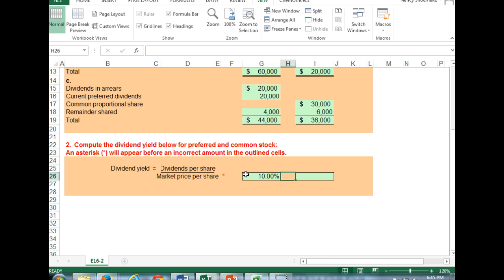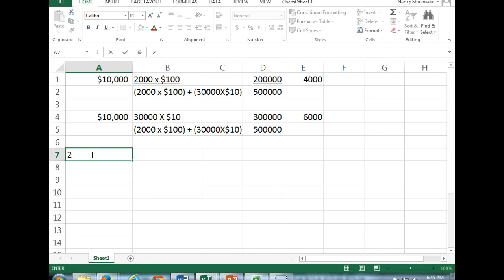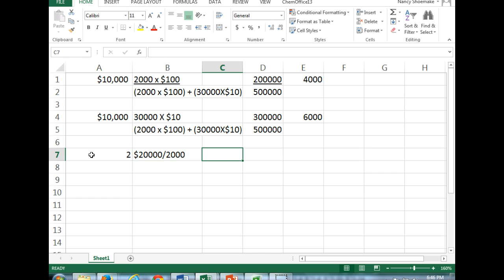Okay, let me go back to my sheet. For number 2, how are we going to figure this? We've got $20,000 in preferred stock. Divide that by 2,000 shares, right, for 1A. So that basically tells us how many dollars per share it is.